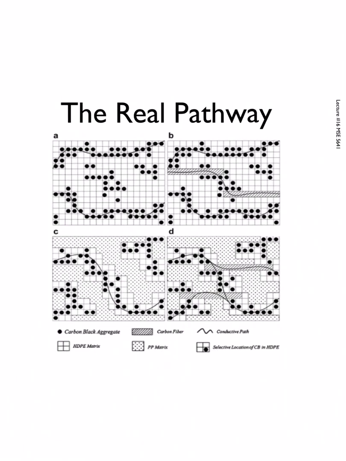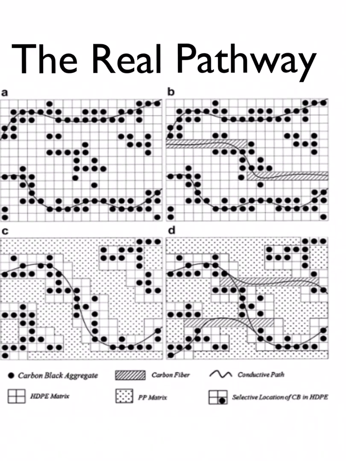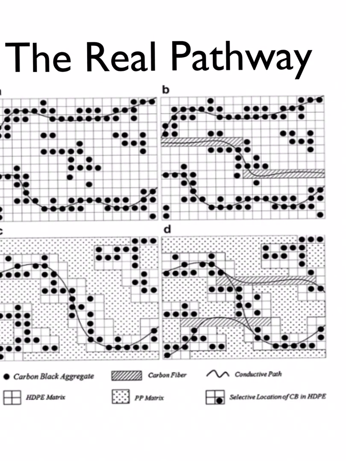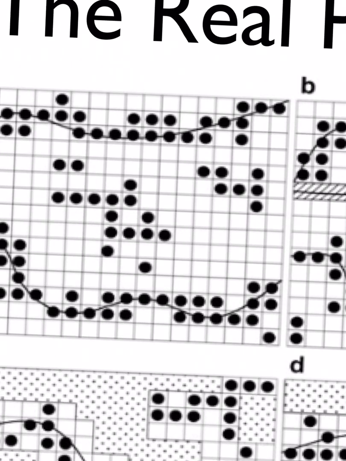Instead of what I just showed you, we can think about different variations on this theme, and a lot of people have looked at this because these things are so widespread. What I showed you previously was the idea that we had these pathways for electrons to flow, these agglomerations of carbon black, and you can see some in the middle here that aren't doing anything.